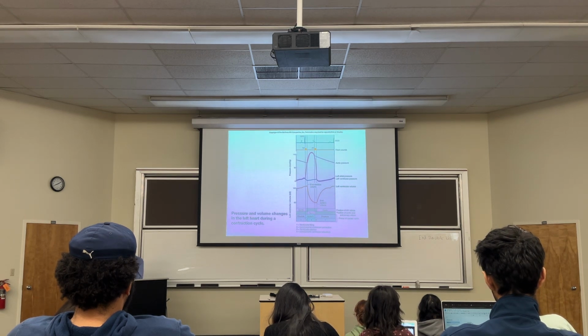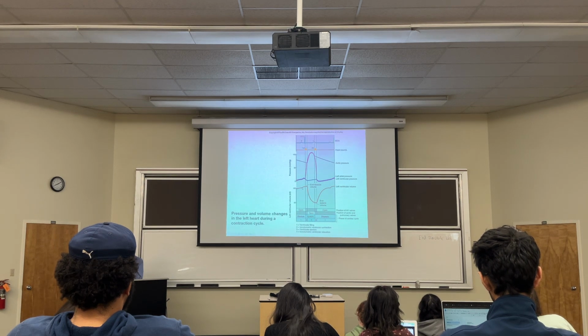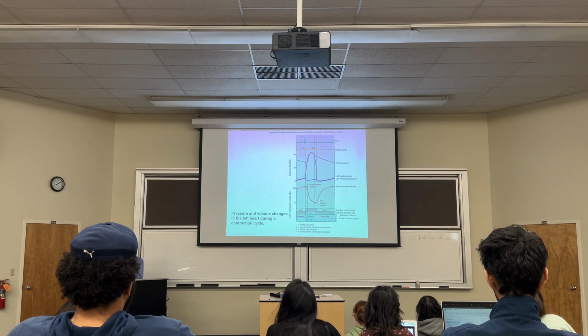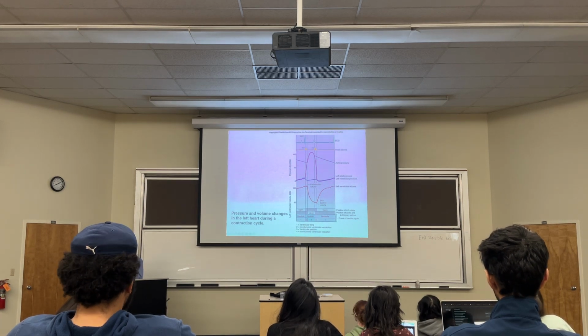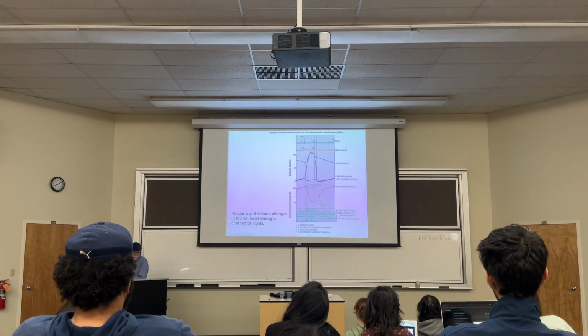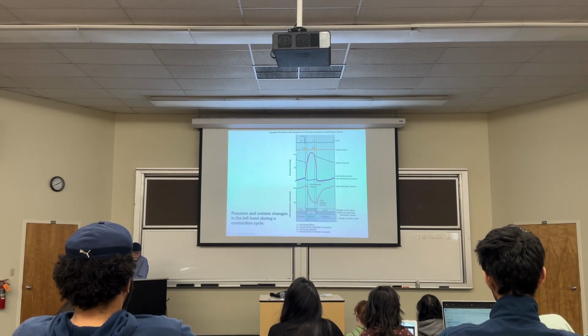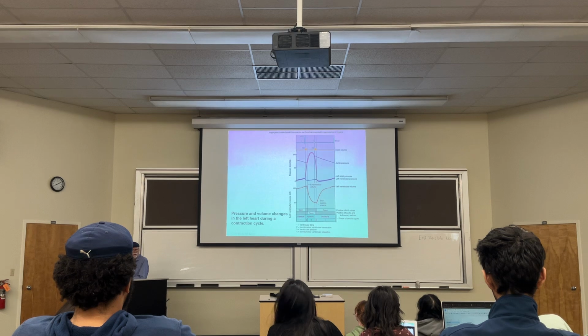So here, the volume is nearly full. Right here, by the way, the atria contracts and it fills it up the rest of the way. If we look right here at the volume, without looking at the bottom here, just by looking at the volume and the pressure, can you tell me which phase and subphase we're in?